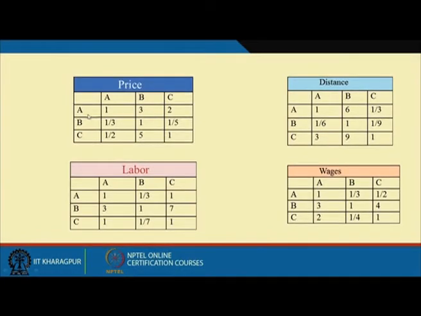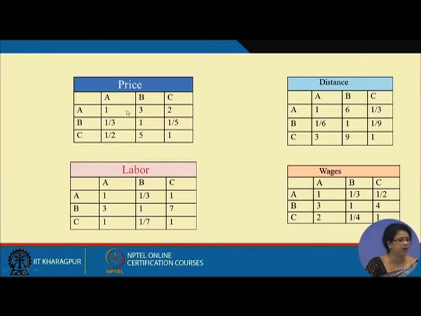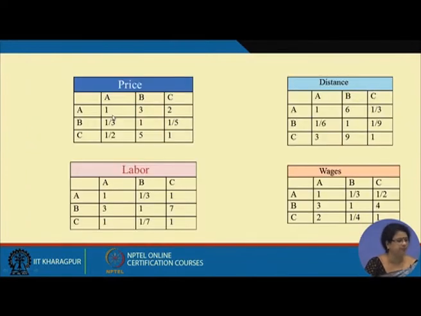With respect to property price, let me explain the matrix now. It has been said that A is 3. 3 means moderately more important than B. And if we compare A and C, what is given there? 2, that means not equally important, not moderately important, in between.